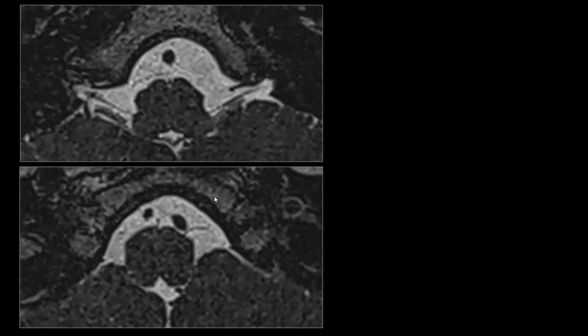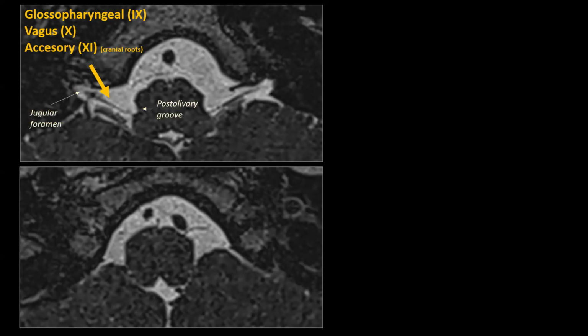When it comes to cranial nerves, we can, at the level of the medulla oblongata, see the glossopharyngeal and vagus nerve exiting the medulla oblongata at the post-olivary groove. So this is basically the bundle of the glossopharyngeal and vagus nerves, also containing cranial roots of the accessory nerve. So we see it exiting the post-olivary groove and coursing towards the pars nervosa of the jugular foramen.